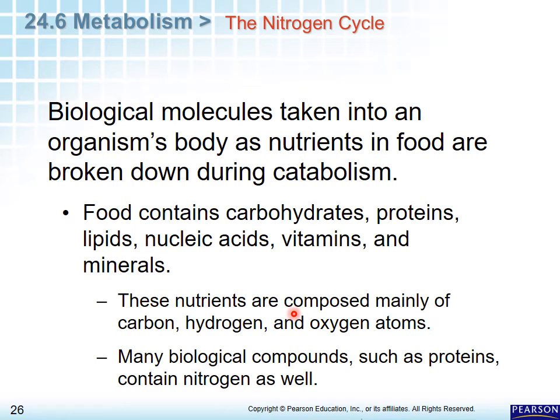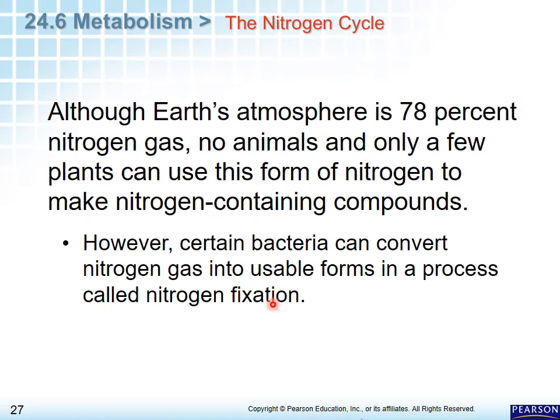These nutrients are composed mainly of carbon, hydrogen, and oxygen. Many biological compounds such as protein contain nitrogen as well. So most of the compounds you can see have nitrogen. So what we eat, we are taking the nitrogen as well.